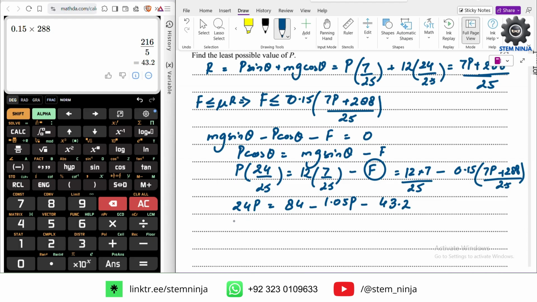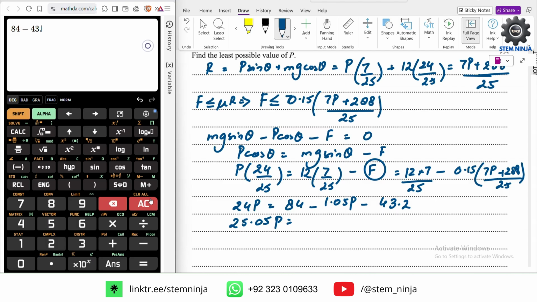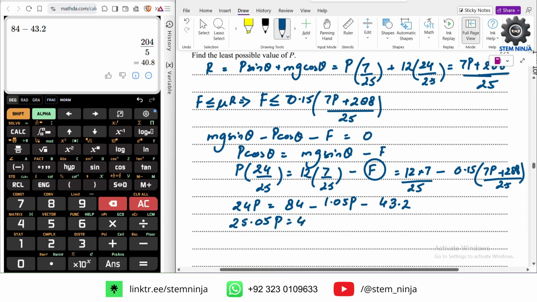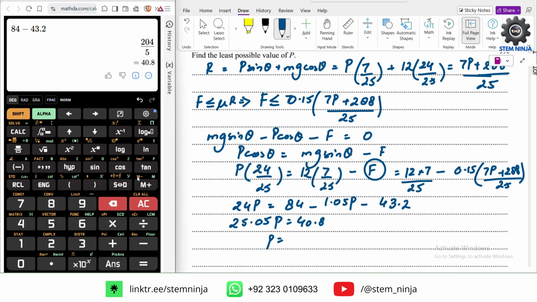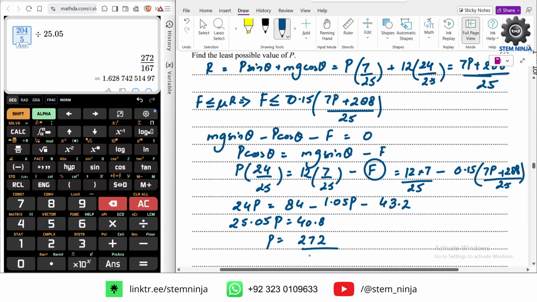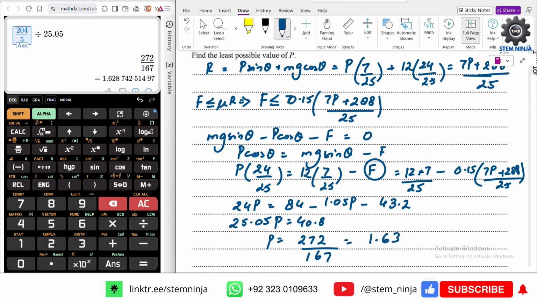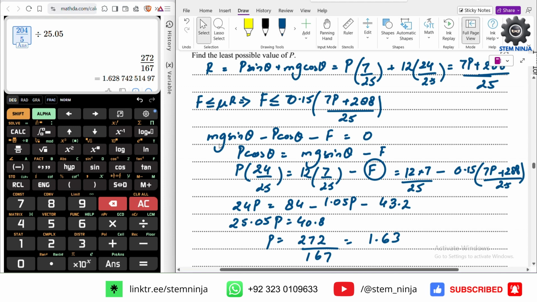So 24 plus 1.05, 25.05 P equals 84 minus 43.2, 40.8. P would be equal to 40.8 divided by 25.05. That is equal to 1.63. Right, and this is this value.